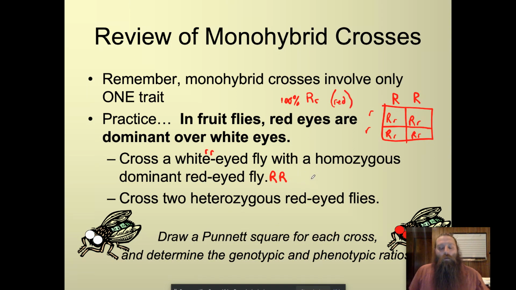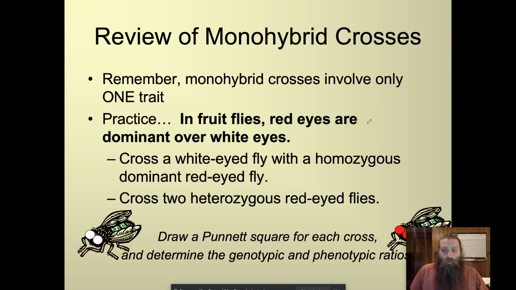Now, if we did two heterozygous red-eyed flies, now we have big R, little r by big R, little r, because we are heterozygous. So we're going to get a purebred dominant, two hybrids, and a purebred recessive.